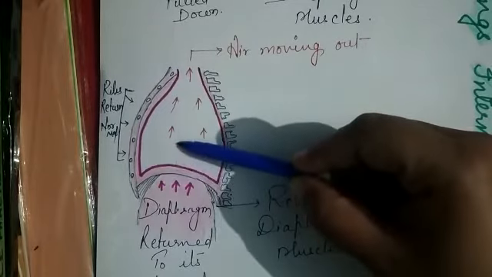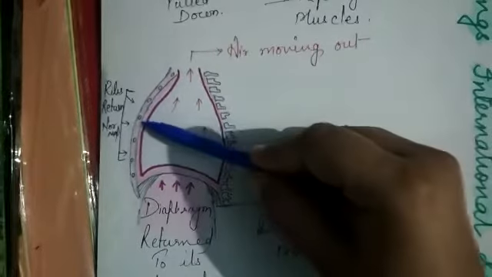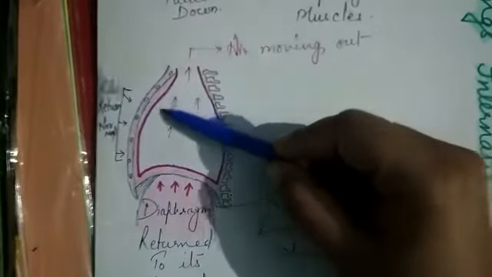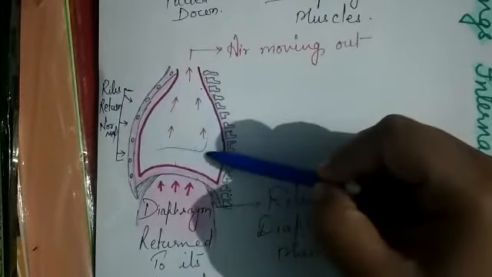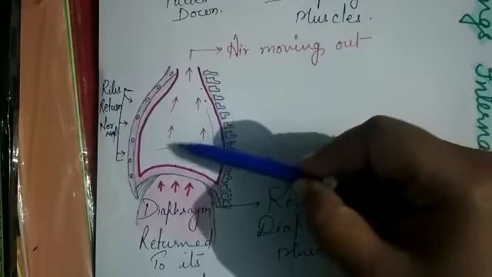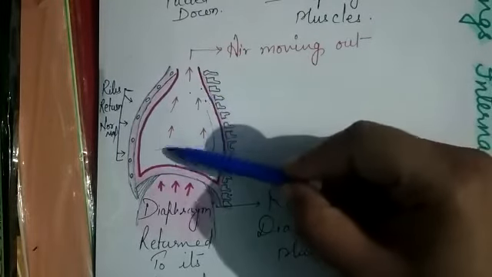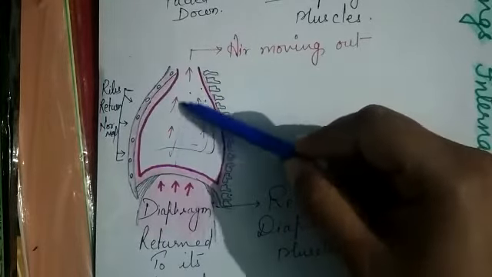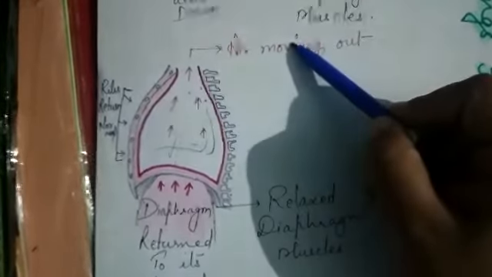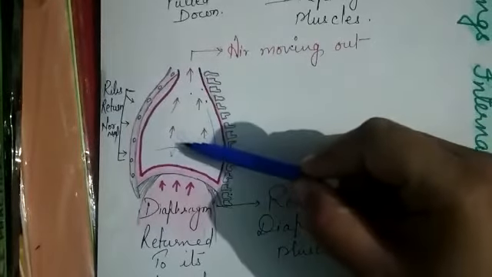So from here also it raises up, from here also it comes closer. So the cavity decreases in size. The cavity of the lung loses its size. And so it creates an outward pressure. Due to this outward pressure, the air which was filled inside goes outside of the lung. This is what happens when we breathe out.